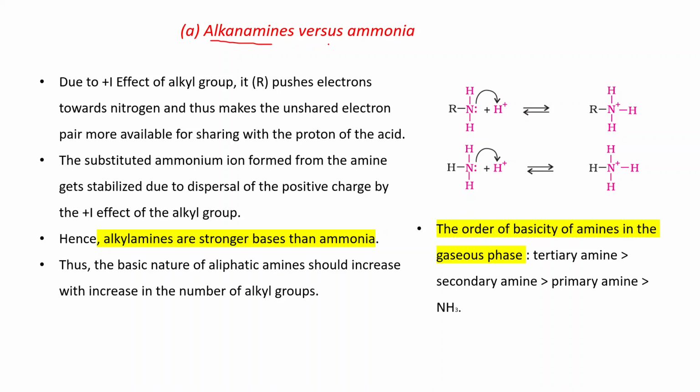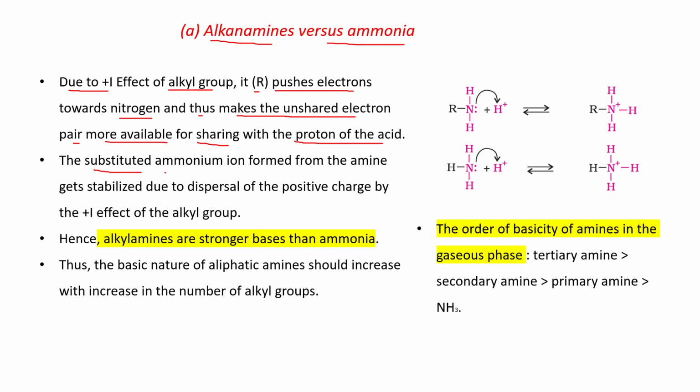alkyl amines versus ammonia. Due to the plus I effect of the alkyl group, that is, the alkyl group pushes electrons towards nitrogen and thus makes the unshared electron pair more available for sharing with the proton of the acid.